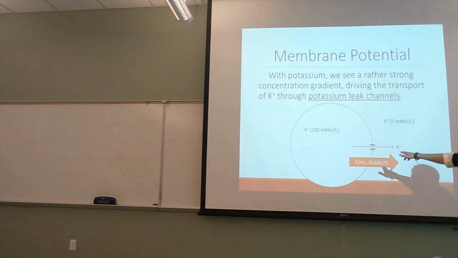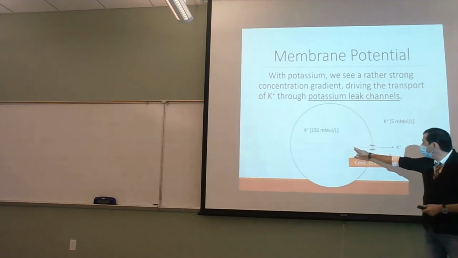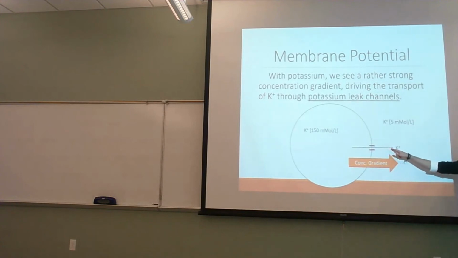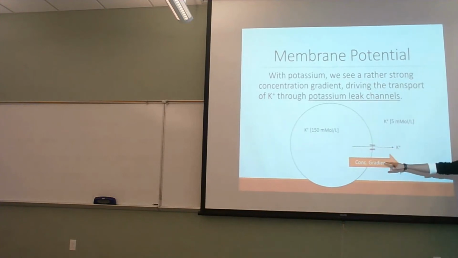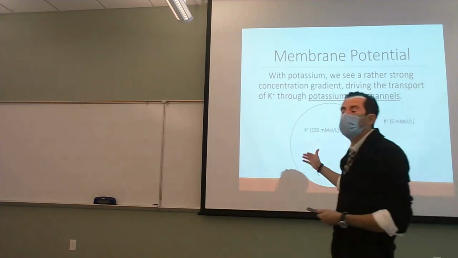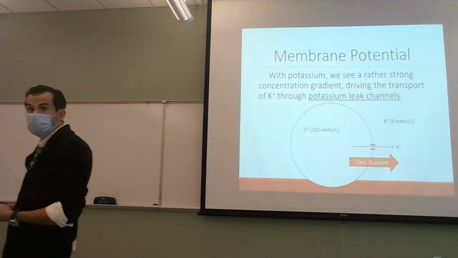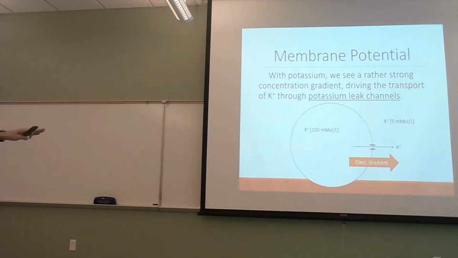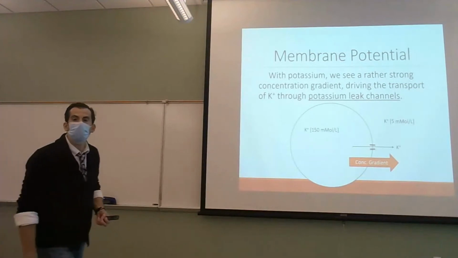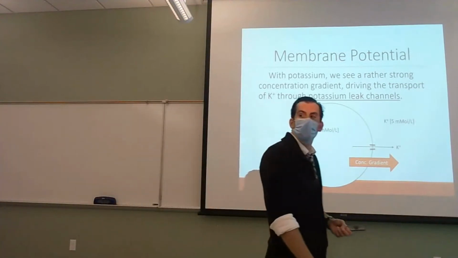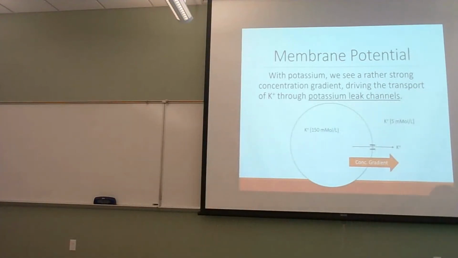So we witness potassium leaking out of that cell along its concentration gradient. Now, this is one of those times when I love the way terms are actually used. These are leaking out of that cell by what is literally called potassium leak channels. I love it when the names apply directly to what you're trying to explain.